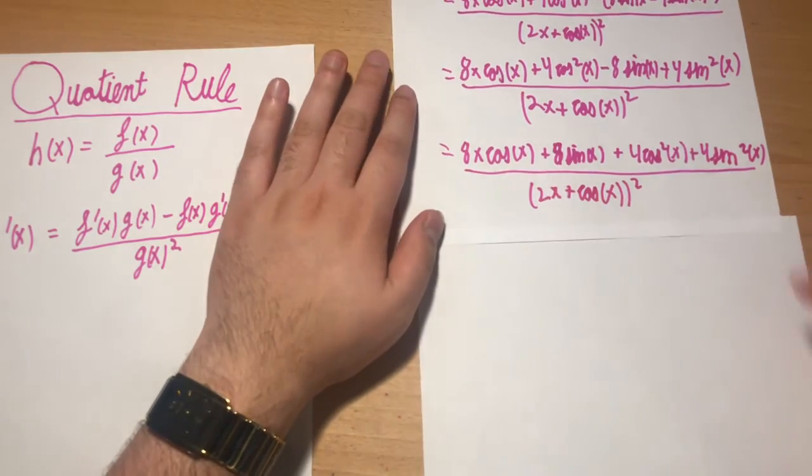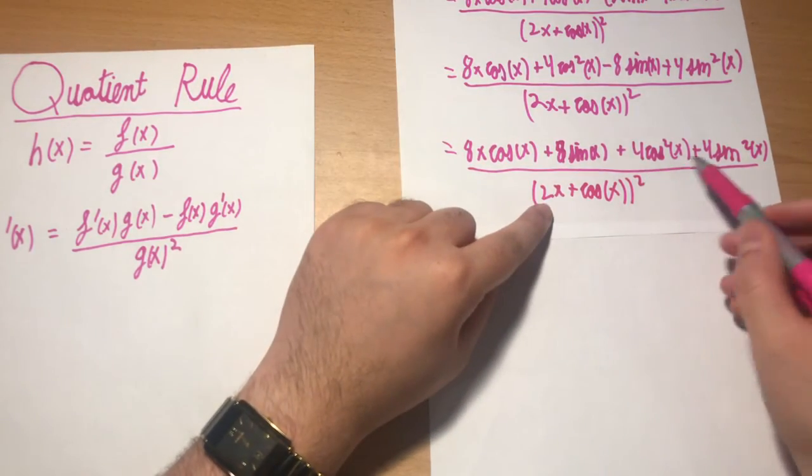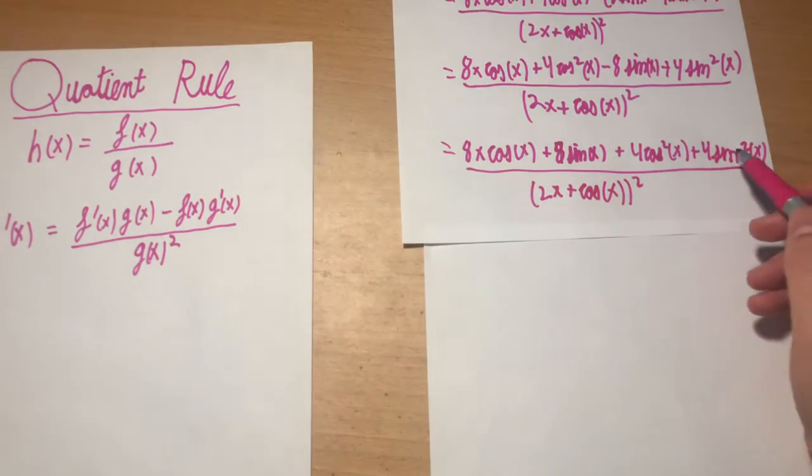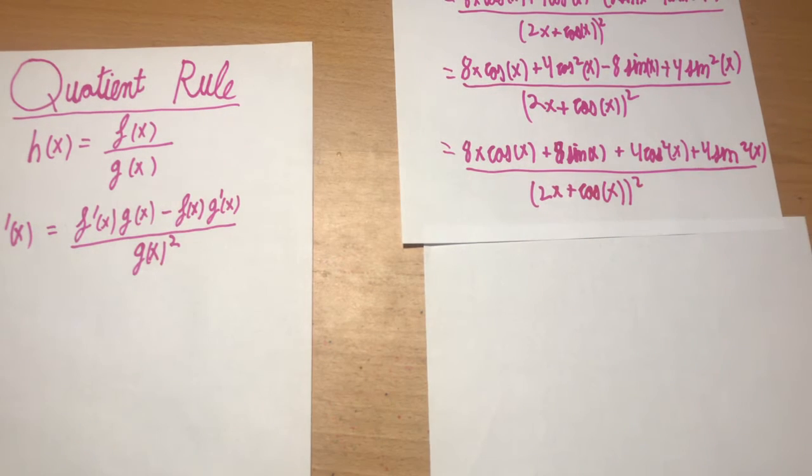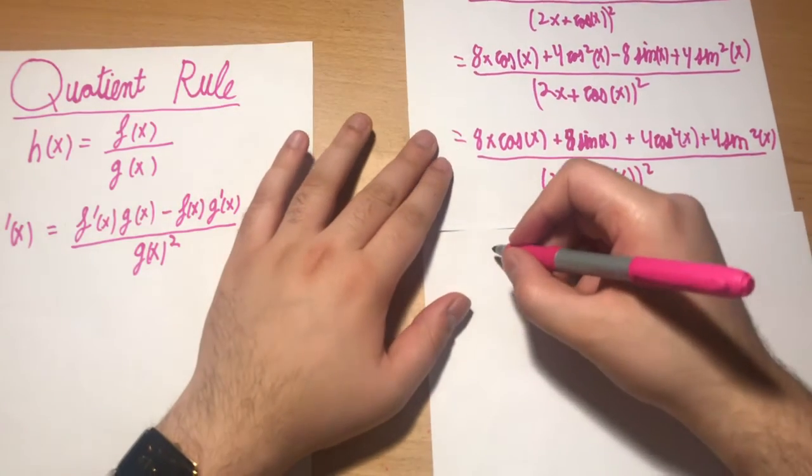All right, now the reason I did this is I'm going to take out this common term of 4 from here, the sine and cosine squared, right? And here's why.